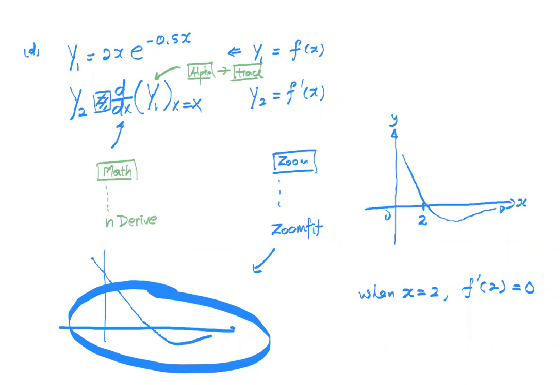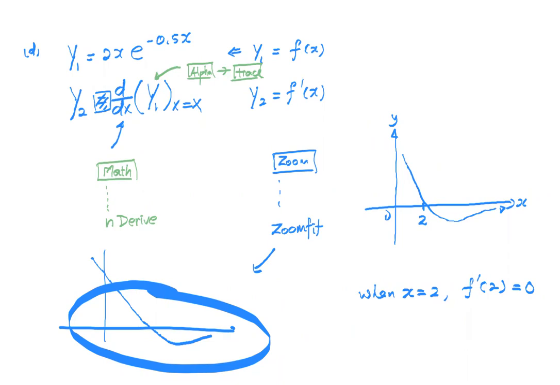Then after that, you go to graph. Change your window setting. You see the turning point and the x-intercept for y equals f prime x, 0 or 1, correct?